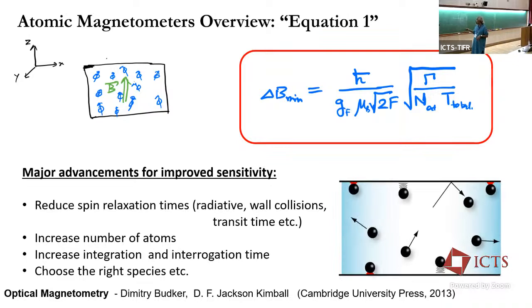There are very interesting things: if you have these atoms in a cell, they might be spin polarized, but they're moving, at room temperature about 300 meters per second. They can collide with the walls and completely forget the spin polarization. It comes back as a random orientation, which is very bad for you because that reduces your large spin, and so on. There's also transit time broadening, where the atoms are flying off your actual optical field.